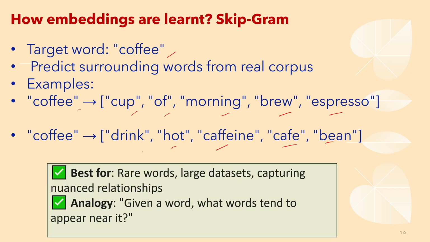So, this is the skip-gram approach, and it can be used for rare words or large data sets, and where some accurate relationship has to be obtained. The analogy here is, given a word, what words closer to it can be predicted, whereas in continuous bag of words it was the fill in the blanks.